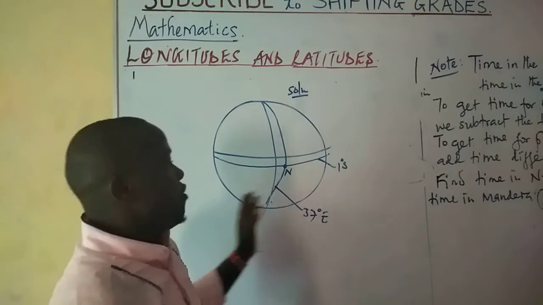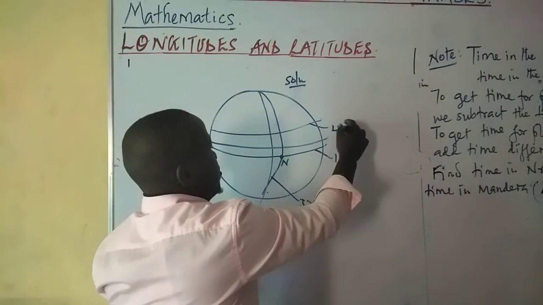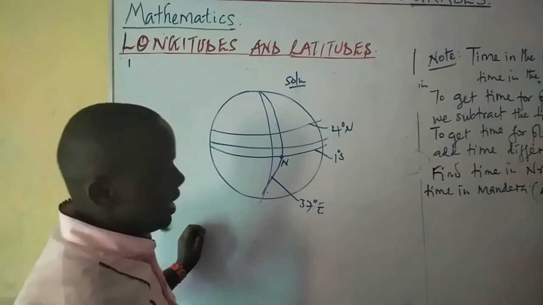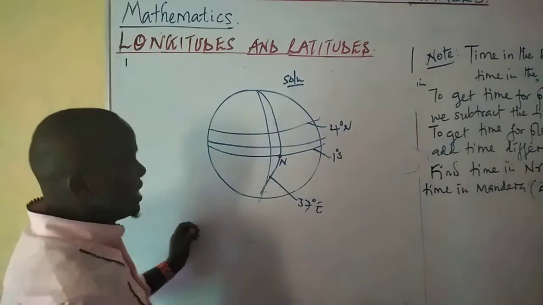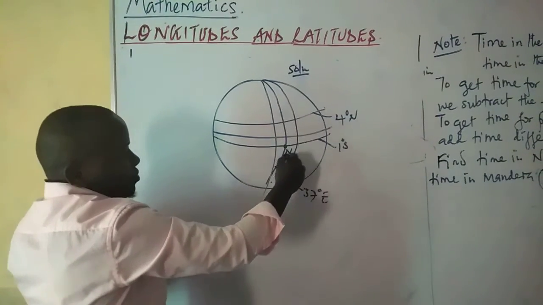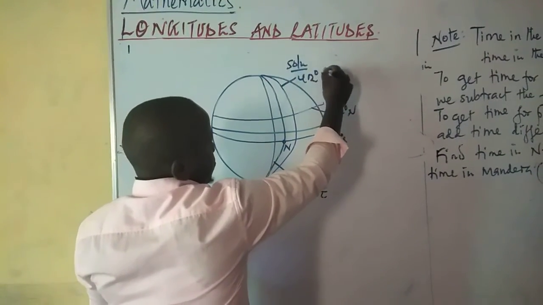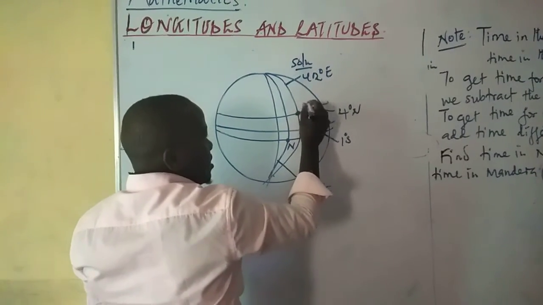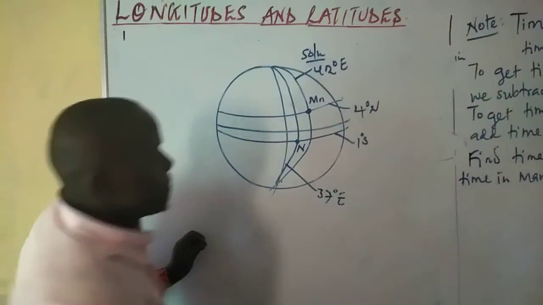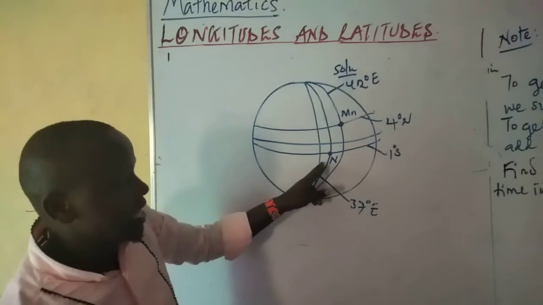Now, Mandera is 4 degrees in the north and 42 in the east. Therefore, you find Mandera is here. Mandera is 42 in the east. Nairobi is 37 in the east.